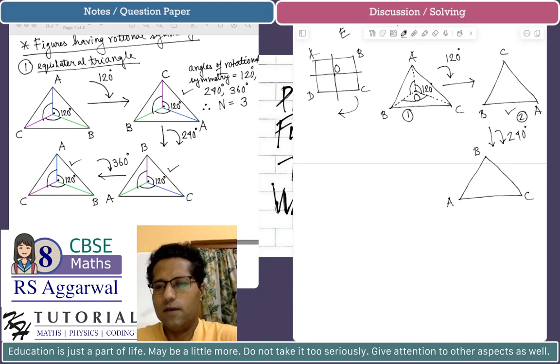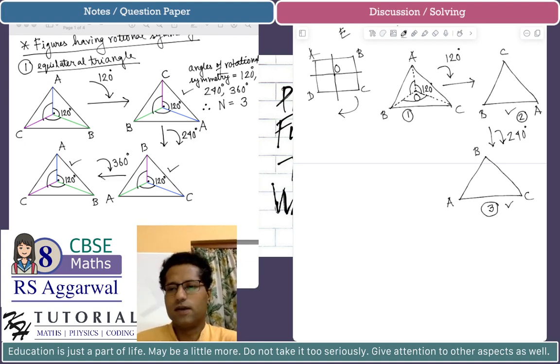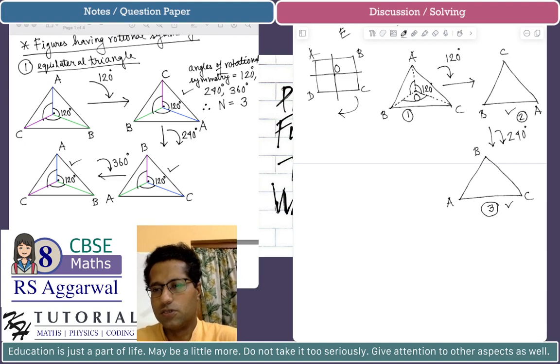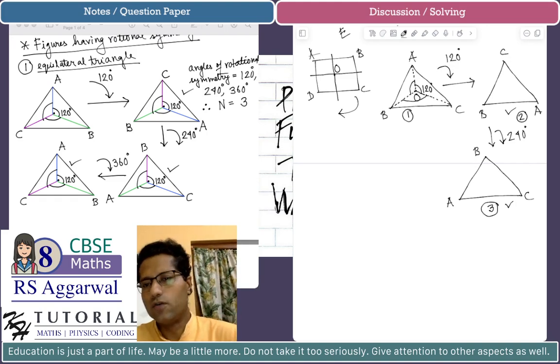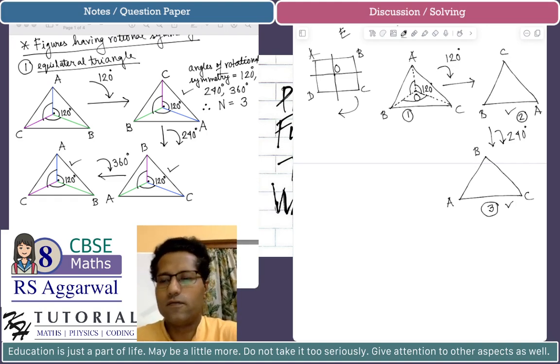Let this position be 3, which is the position or orientation of the triangle after giving a rotation of 240 degrees from the initial position. So 240 degrees is also an angle of rotation.